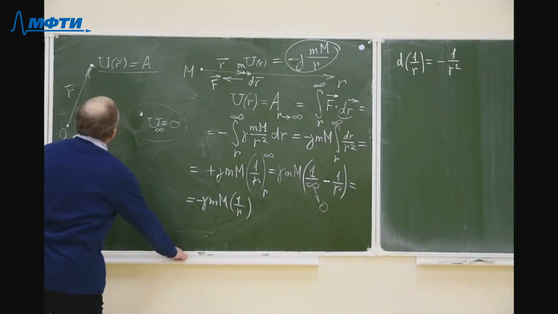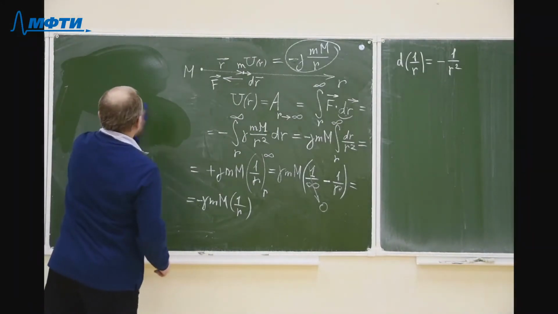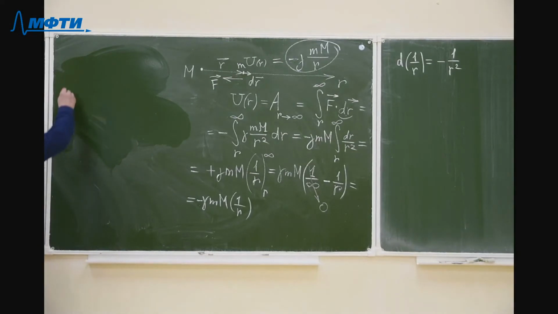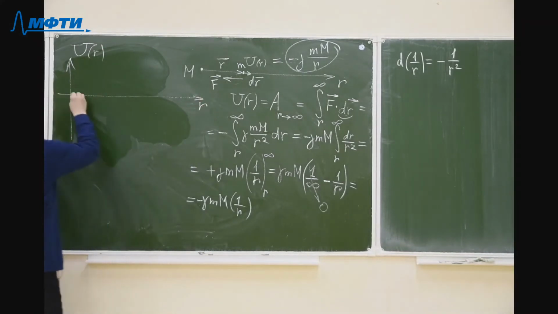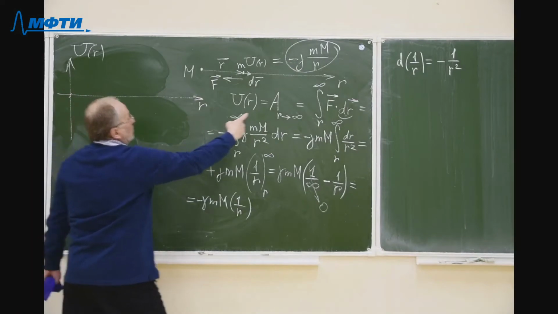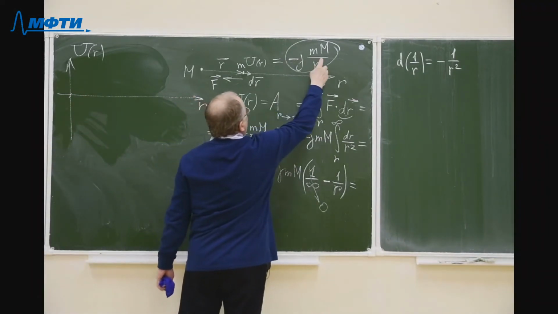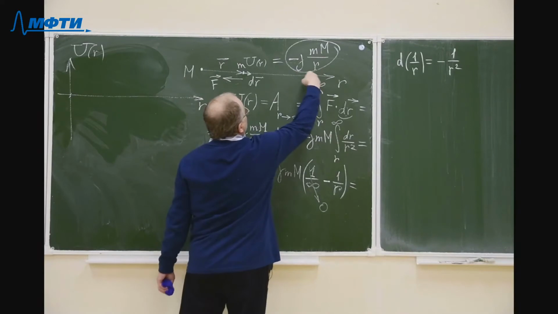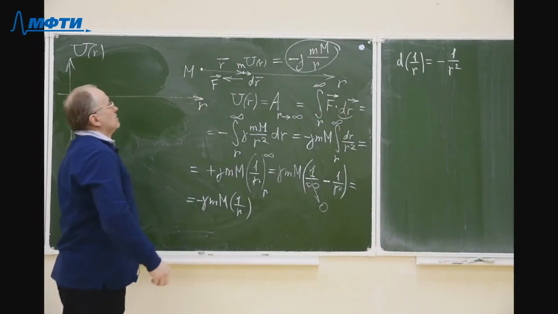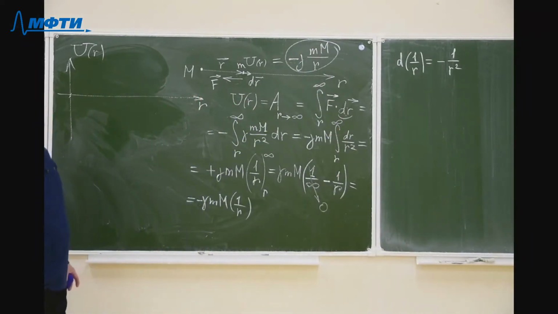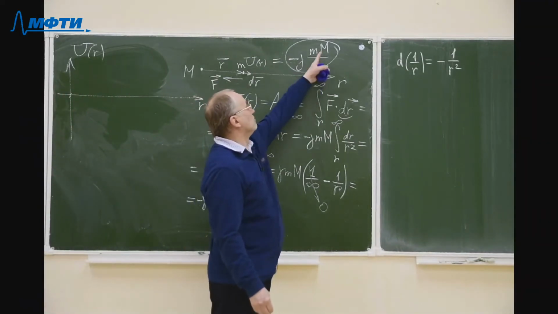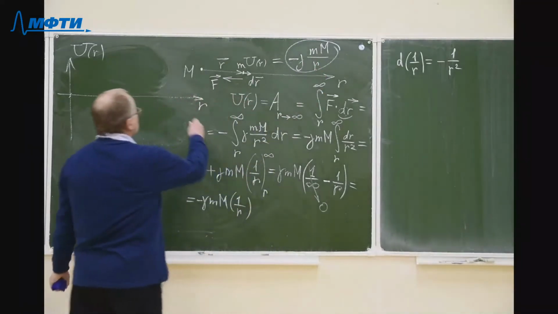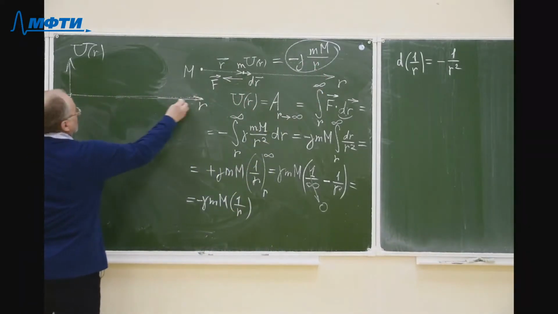It means that if I draw this on a graph to show the potential energy as a function of distance r, then what does this formula give you? When distance r is very large, when it's infinite, this formula is 0, just as we wanted it to be, just as we assumed that the potential energy at infinite distance is 0. When you divide by infinity, you obtain 0. So at infinite distances, the potential energy is 0.